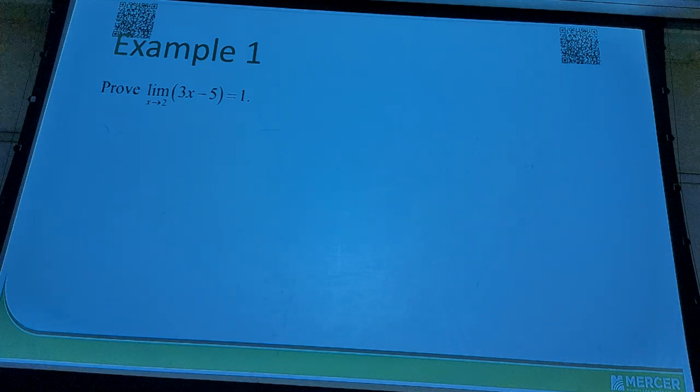Prove the limit. So here they're telling us the limit is 1, and they want us to prove it. We're being given an epsilon value.